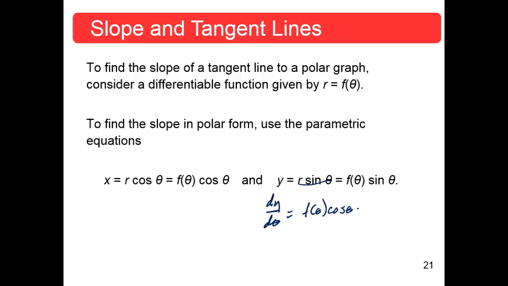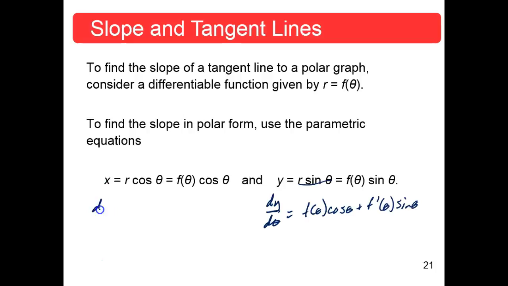Anyone know what we're doing? Product rule, right? And how does that go? We did first times the derivative of the second, plus the second, which is sine theta, times the derivative of the first. So I'll put f prime of theta sine theta.